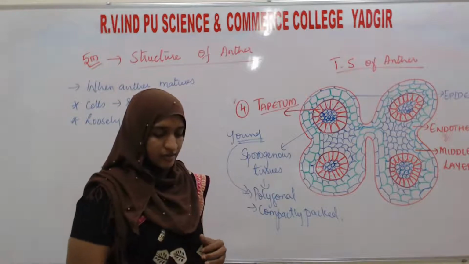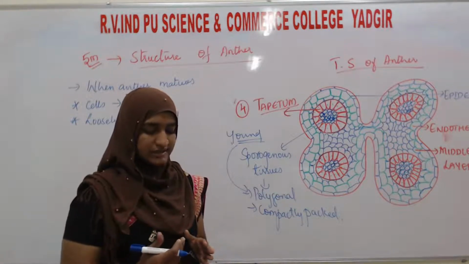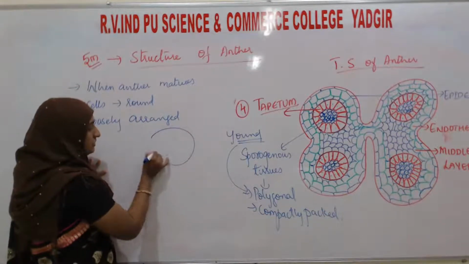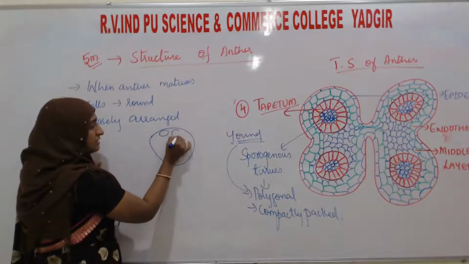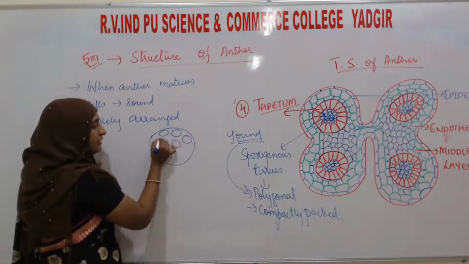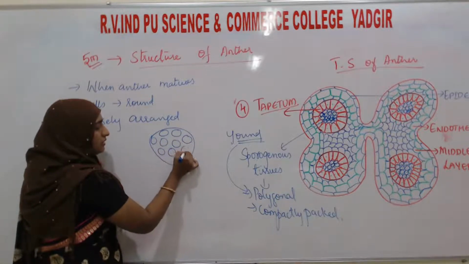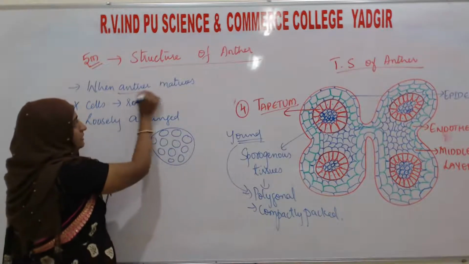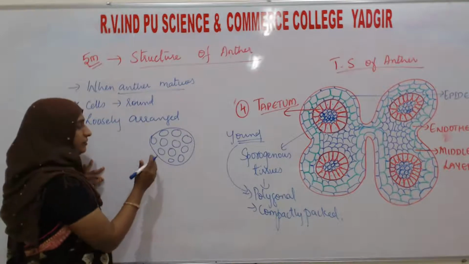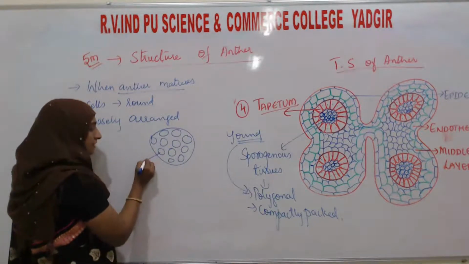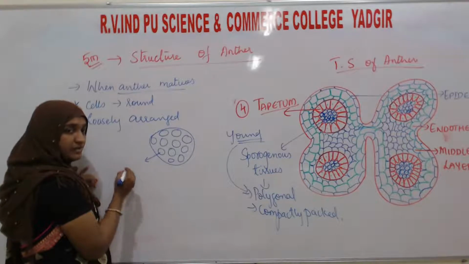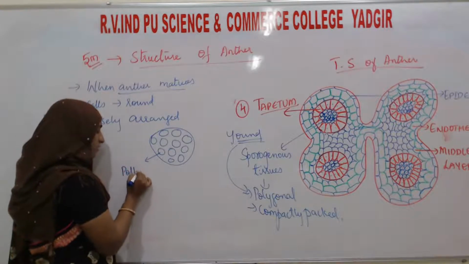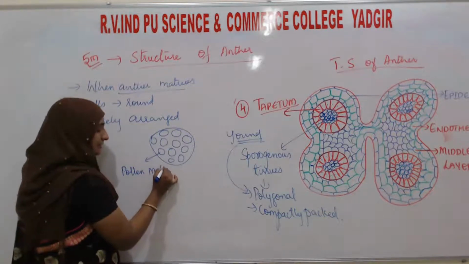Then the spore mother cells, the pollen mother cells. For example, this is the sporogenous tissue in which the cells become rounded in shape and loosely arranged. When the anther gets matured, these cells are known as the pollen mother cells.